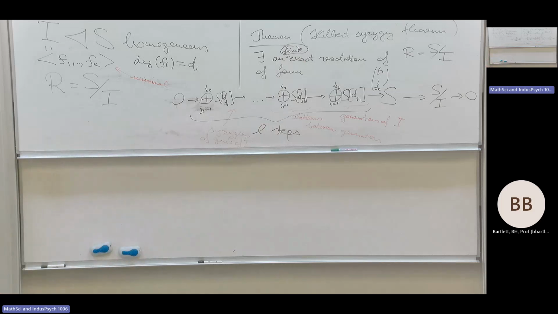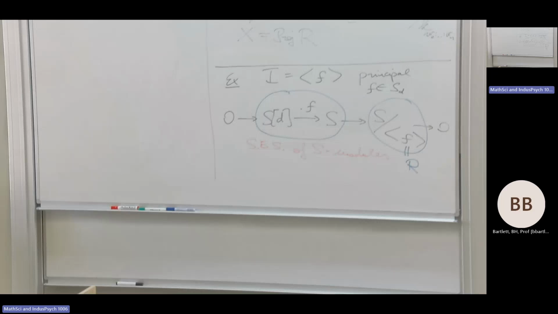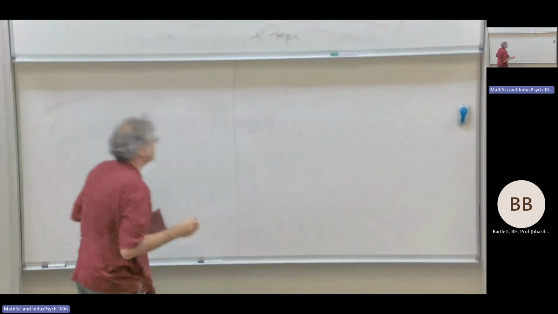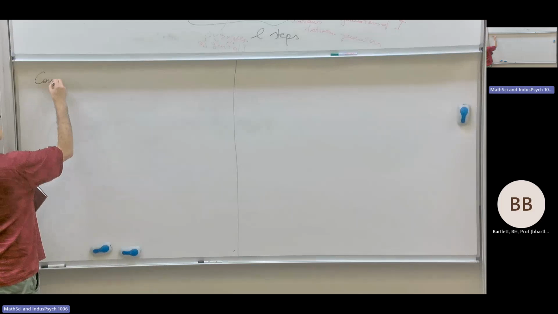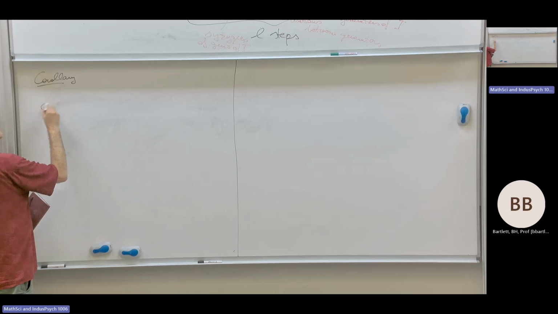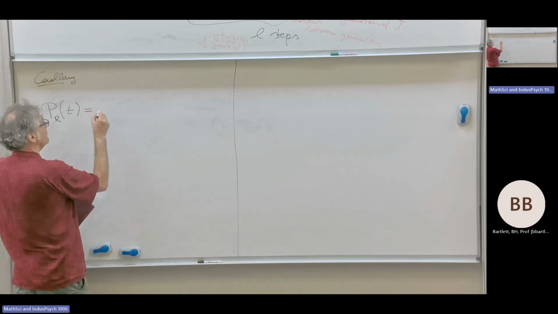Okay. And once you know that, then this actually has a very simple corollary, which really is just a telescope principle. The corollary says that the Hilbert function, I think I called it P_R(t), has the following form. It has a numerator and a denominator.